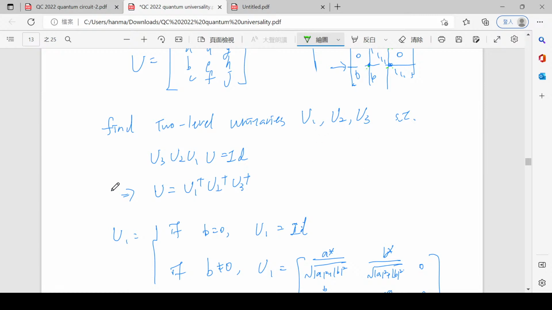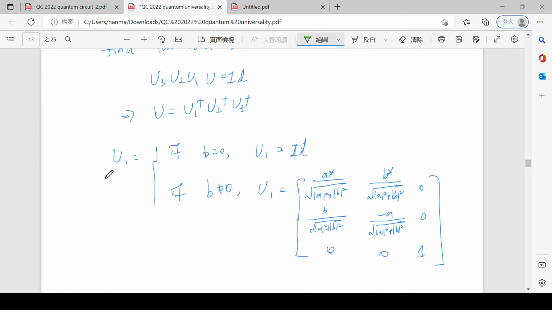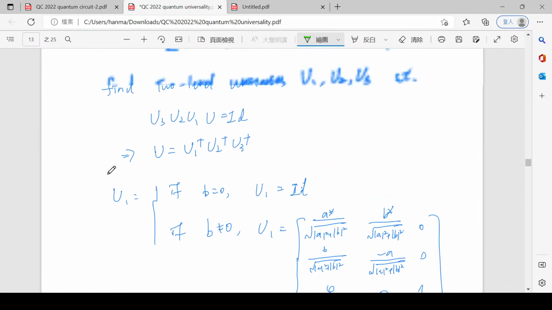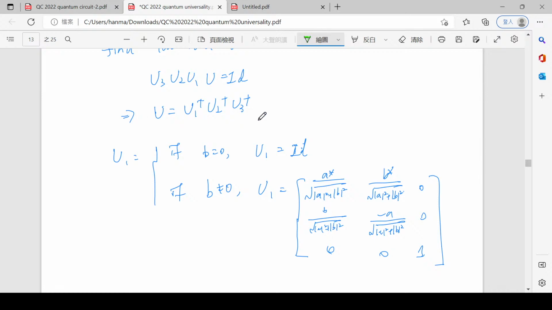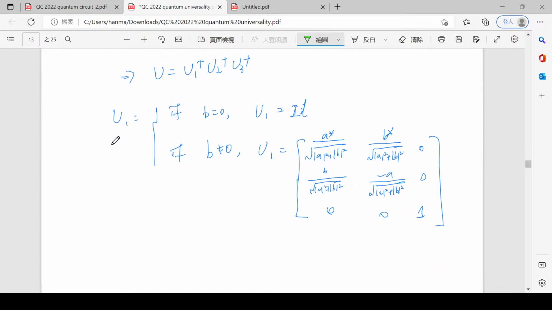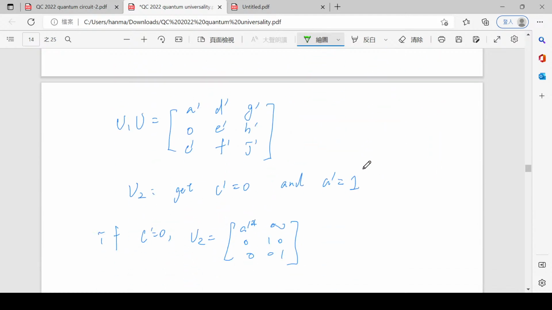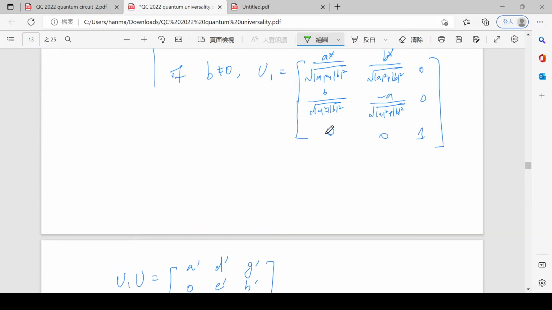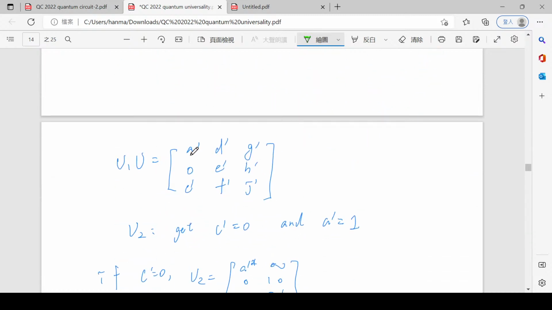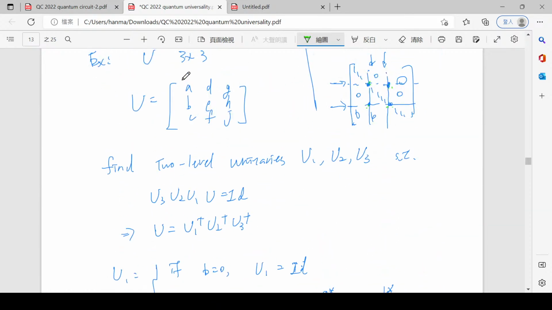Then you can try to decompose it into some two-level unitaries, let's say U1 times U2 times U3. First you find the U1 such that when you multiply the U1 on your U, then this entry becomes 0. Remember, you have a 3x3 thing.